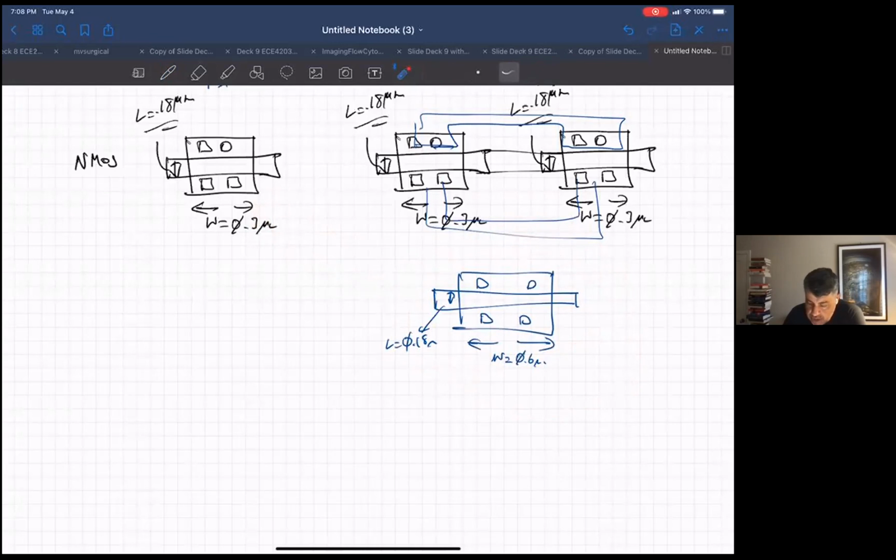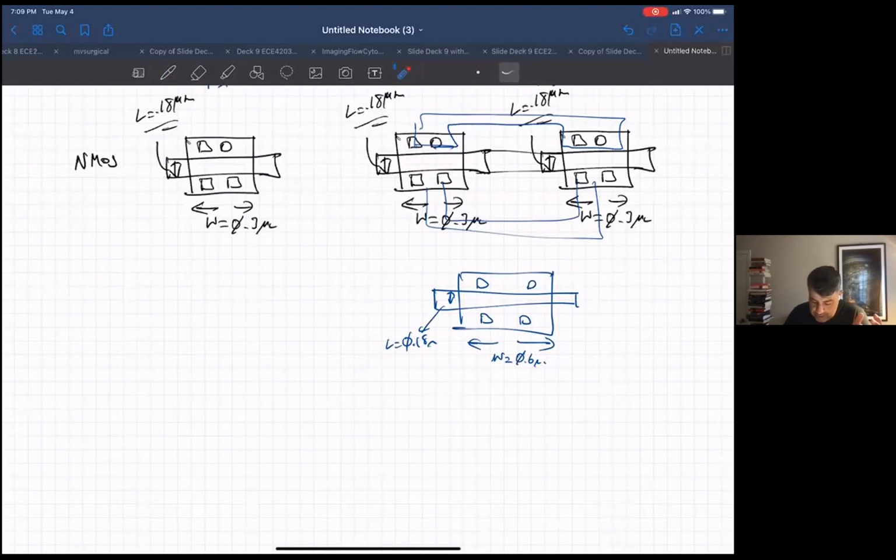The reason, going back to our second order effects, is that as the device goes from close to a minimum size width to twice that size, your actual threshold voltage will be slightly different.